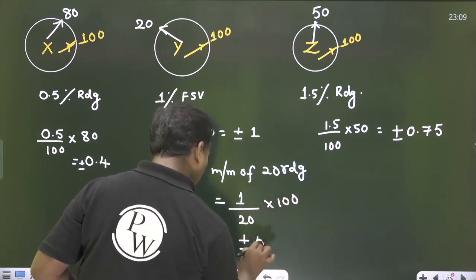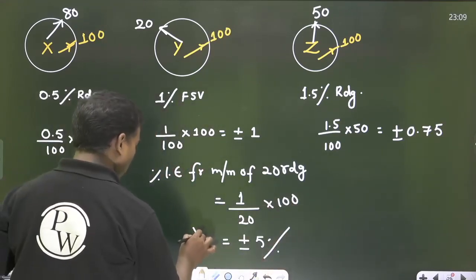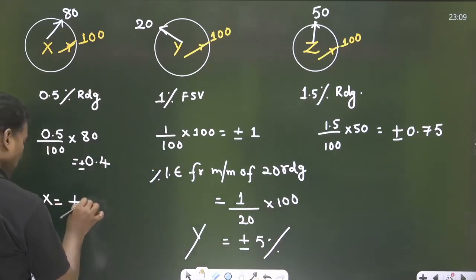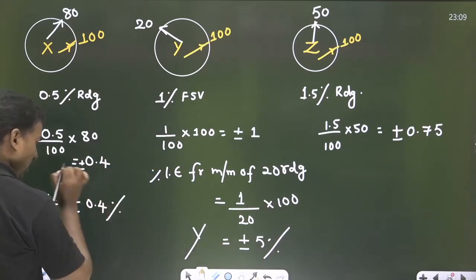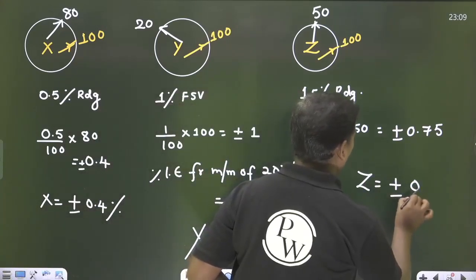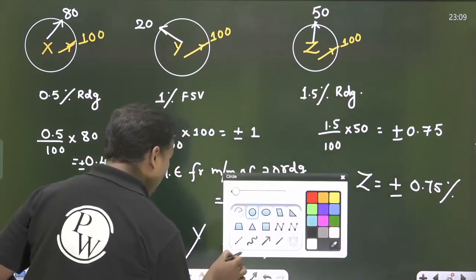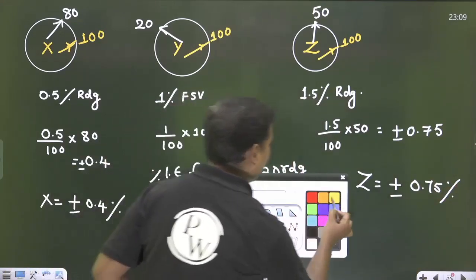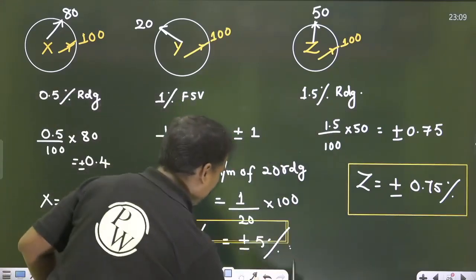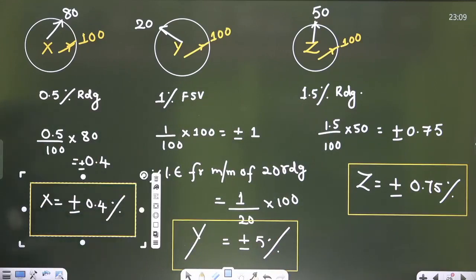So y is coming as plus or minus 5%. This is x, plus or minus 0.4 percentage. And for z, it is coming as plus or minus 0.75%. So for the instrument y, the error is plus or minus 5%, and for x it is 0.4.